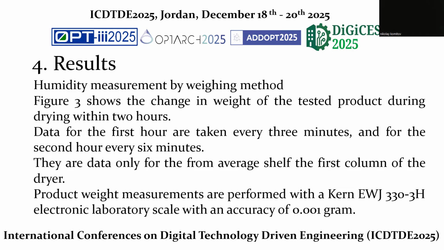They are data only from the average shelf, the first column of the dryer. Product weight measurements are performed with a Kern AWJ 330 TH electronic laboratory scale with an accuracy of 0.001 gram.